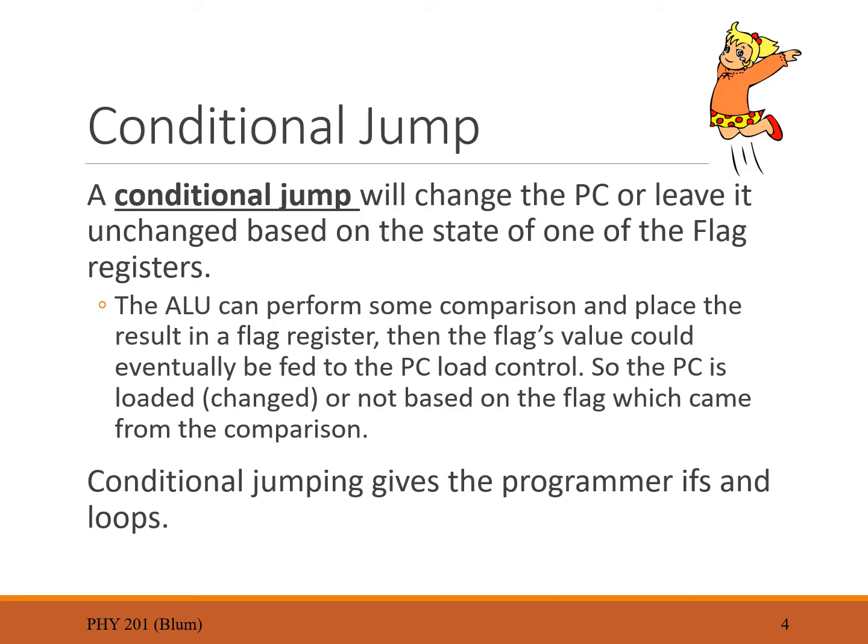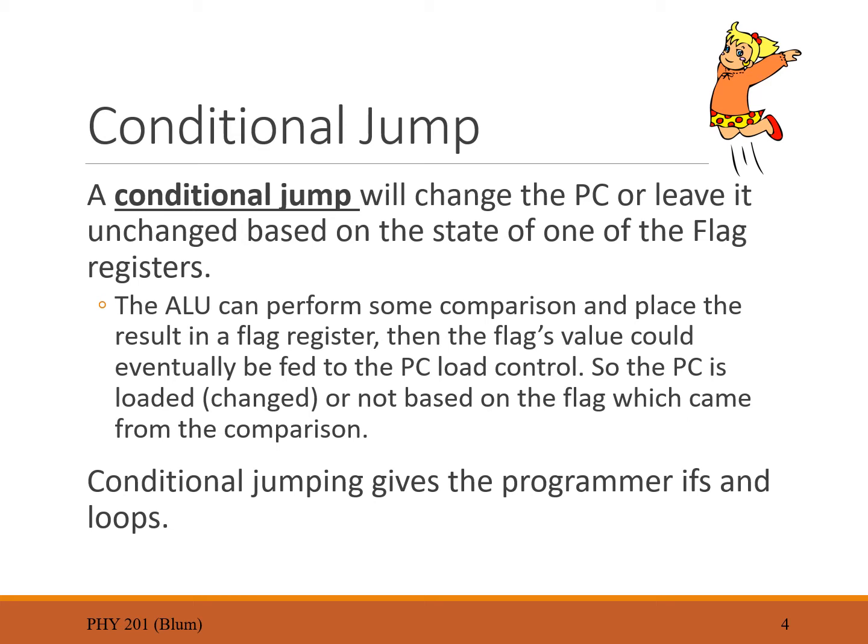A slightly more complicated instruction is known as a conditional jump. So we will change the PC, the program counter, which is a jump, or leave it unchanged based on some condition. So we will do some kind of comparison.